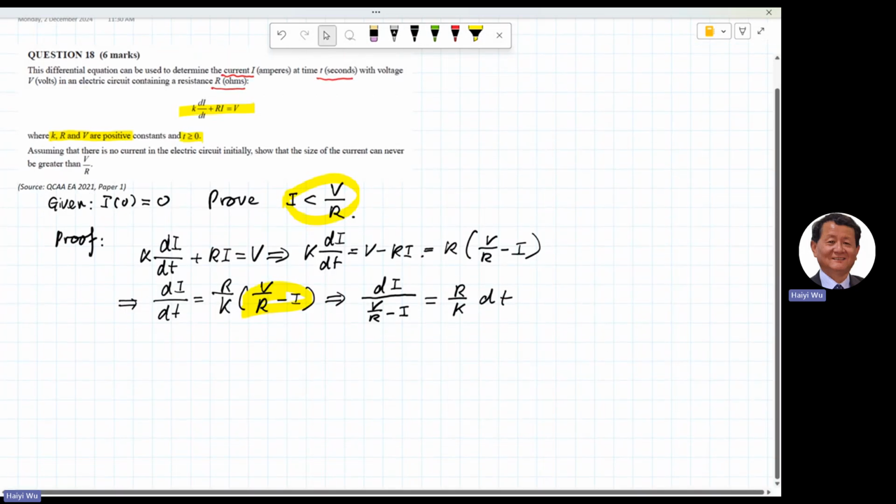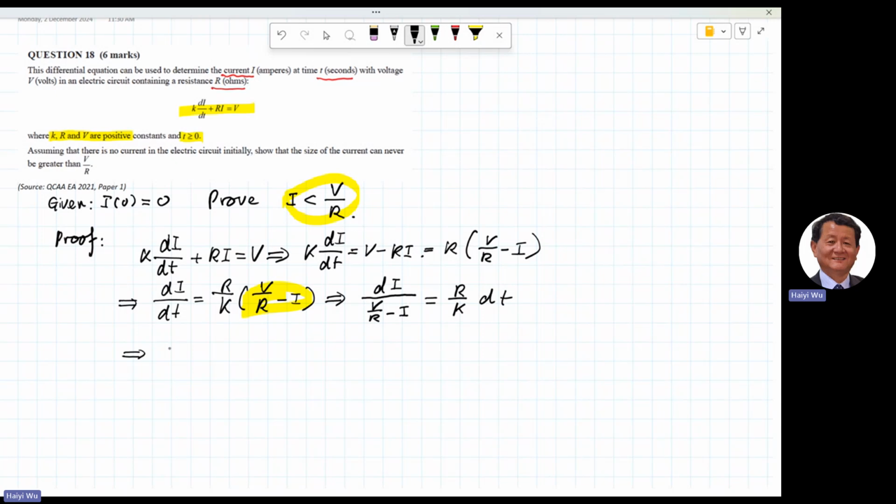You can see I separate the two variables, I on the left and t on the right. Now I'm going to integrate to find a relationship between I and t. I'm going to integrate both sides. On the left-hand side, I'm going to do 1 over (V over R minus I) dI. On the right-hand side, I'm going to do integration with respect to time.